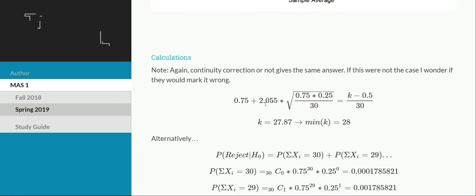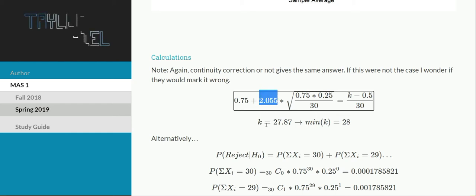And when you do that, you see a z statistic of 2.055. We then multiply by our standard deviation. So the variance of a Bernoulli is going to be probability of success times probability of failure. And then, again, that square root of n adjustment, due to the CLT, we're going to be taking the square root of the variance divided by the sample size 30.